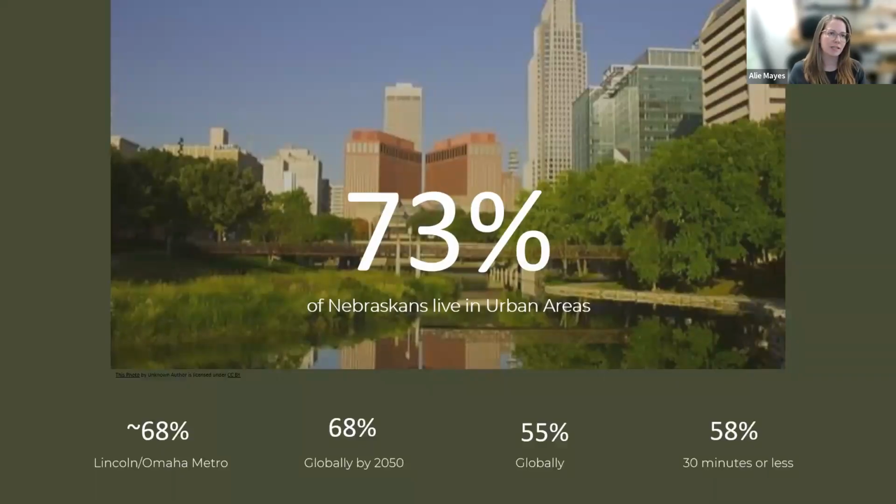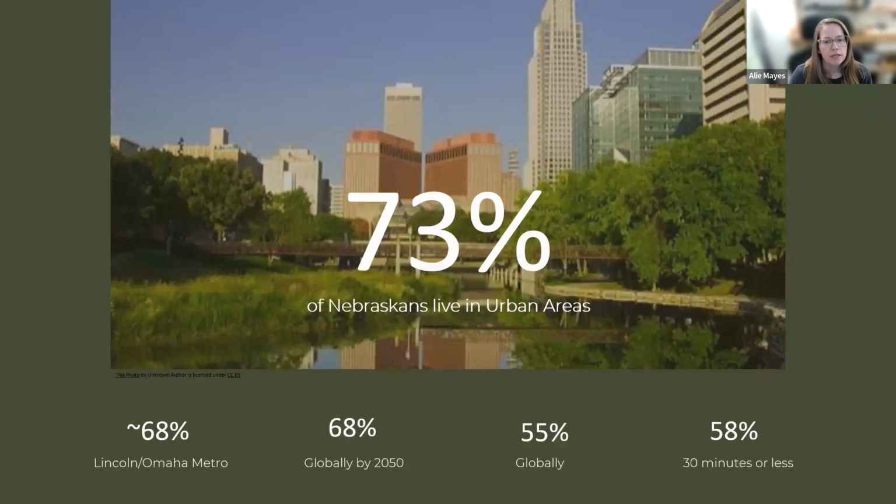So I just wanted to set the stage first. 73% of Nebraskans live in urban areas. An estimated 68% of those are in the Lincoln or Omaha metro area. So not just Omaha, but those surrounding cities, the suburbs, are included in that number as well.